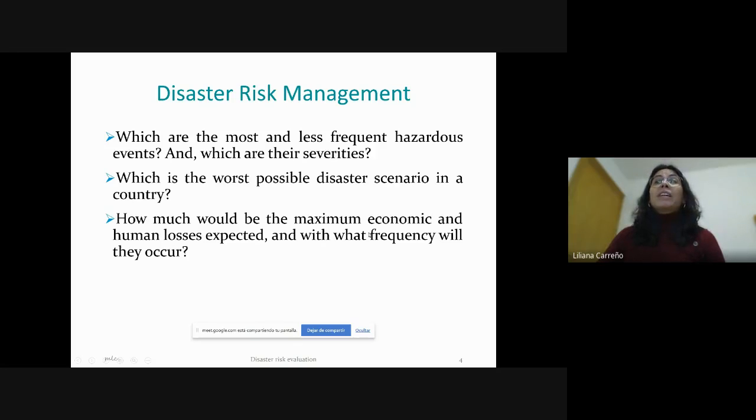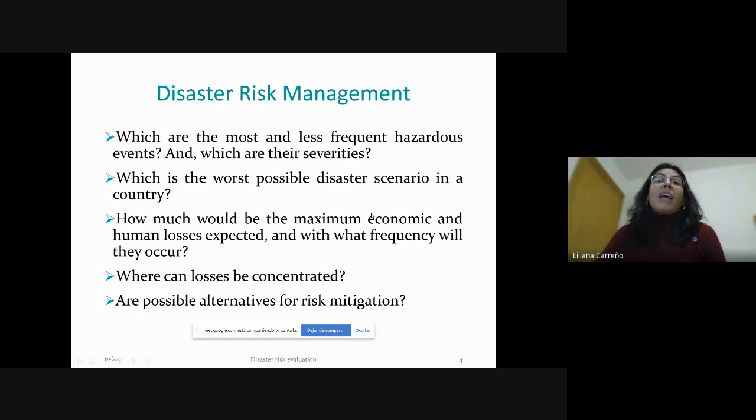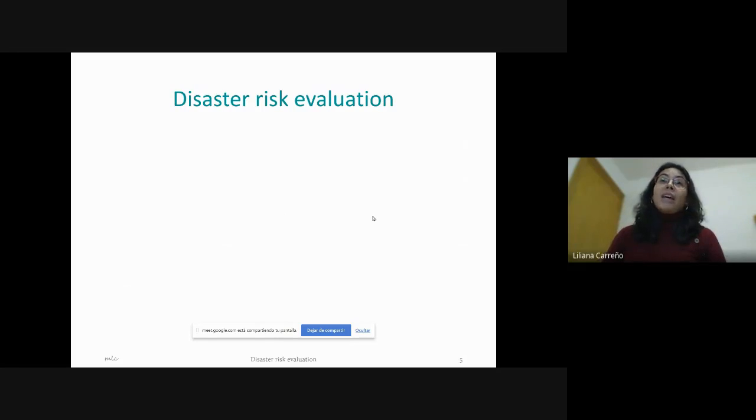How much will be the maximum economic or human losses expected, and with what frequency will they occur? Where can losses be concentrated? Or what are possible alternatives for risk mitigation? In order to answer these questions and do proper disaster risk management, we need to evaluate disaster risk.